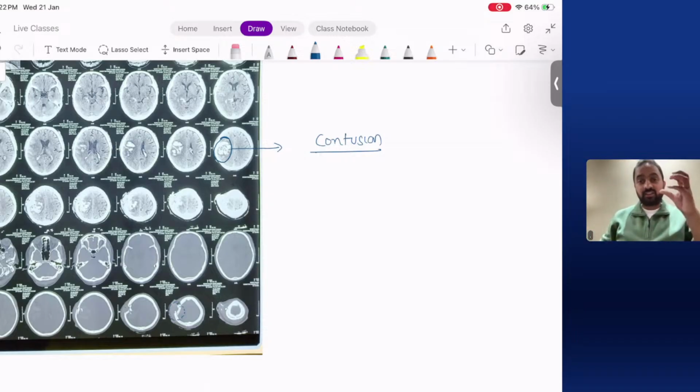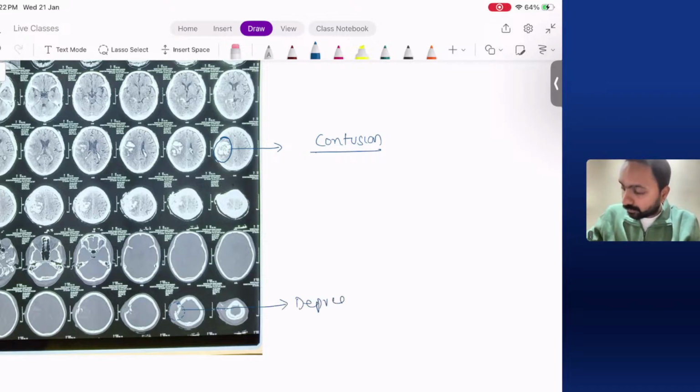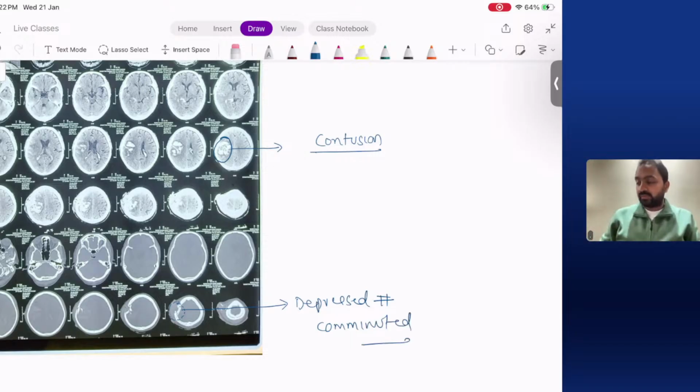You can see a chunk of bone has gone inside and is compressing the brain. So this actually could be the source for this contusion. So we also have a depressed fracture, right? And again, this is a comminuted depressed fracture, right? So these were the two findings which you had already seen.